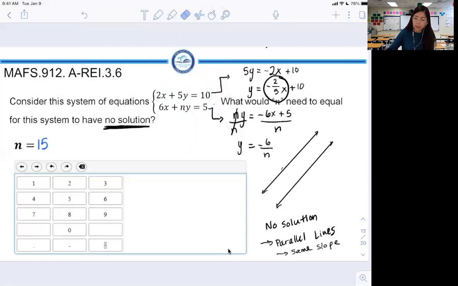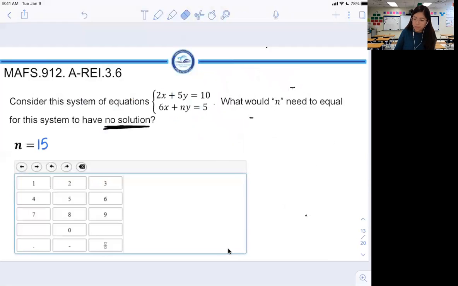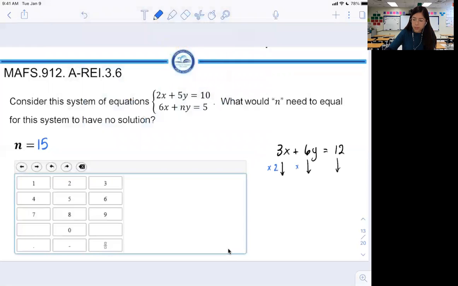Another example, before I confuse you guys too much, because I don't know if that was as helpful as I hoped it would be, let me just give you another example. Let's say I'm just going to make up some numbers. 3x plus 6y equals 12. Let's say that's the first one. Now I'm going to create an equation that has no solution. I'm going to do that by multiplying by 2, and then by something different, like, I don't know, let's make this times 5.